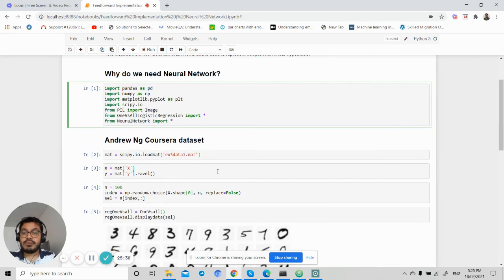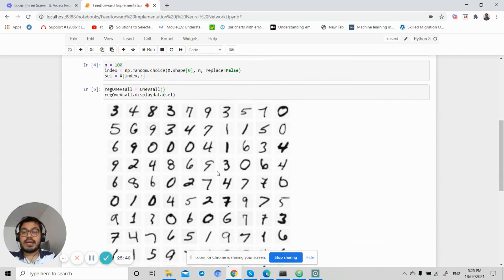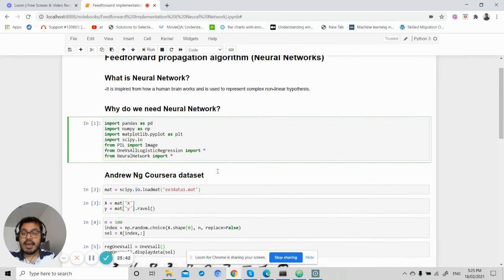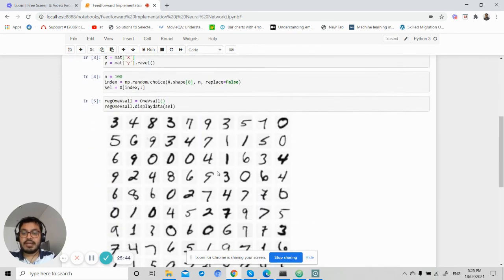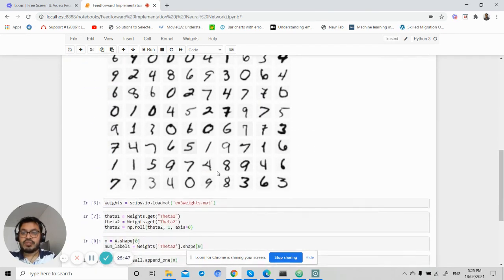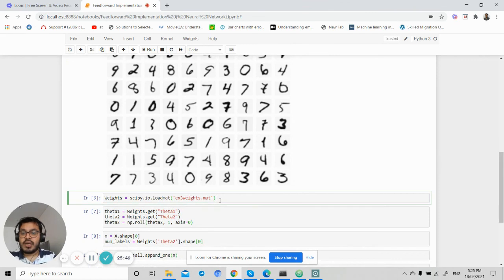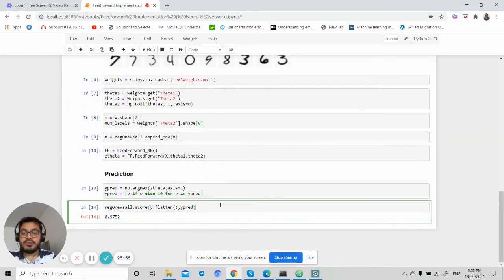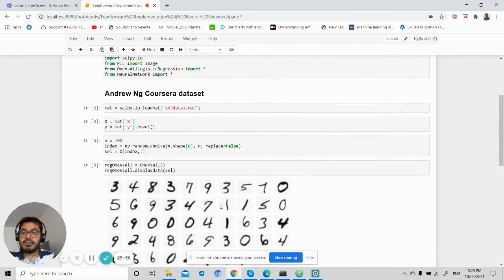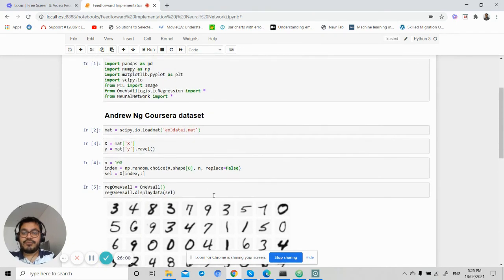But if we have more than three or four classes, like for example here we have handwritten digits where we have 10 classes, then we would prefer to use a neural network instead of logistic regression. So a neural network is designed to handle multiple classes.